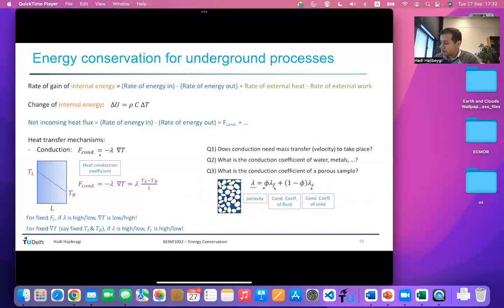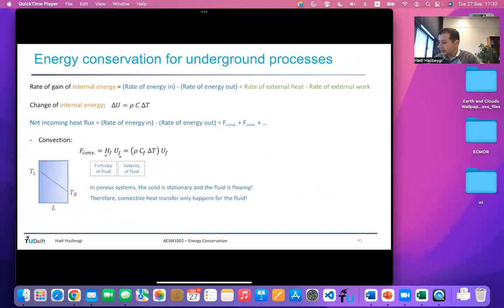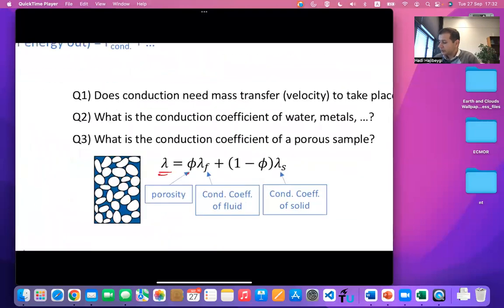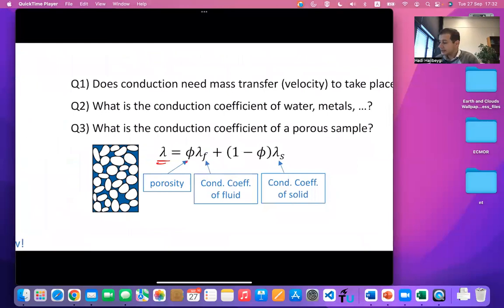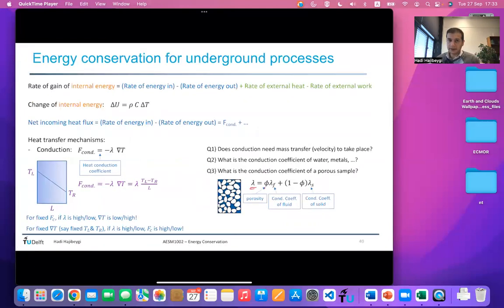Effective conduction coefficient would mean that I have porosity phi times lambda F, which is based on the amount of fluid that I have in the system and the conduction coefficient of the fluid. 1 minus phi is the solid fraction in the system, and so I would use the conduction coefficient of the solid. And so if I have 50%, then it would be half of the fluid conduction coefficient, half of the solid conduction coefficient. That would be the total effective conduction coefficient of my porous sample.